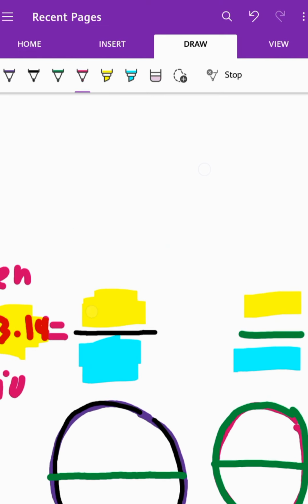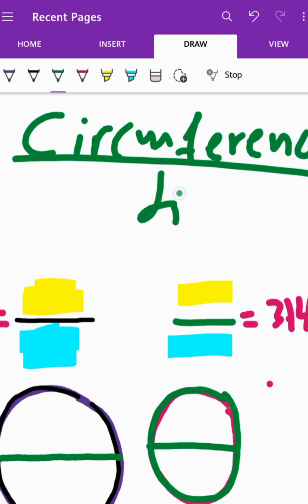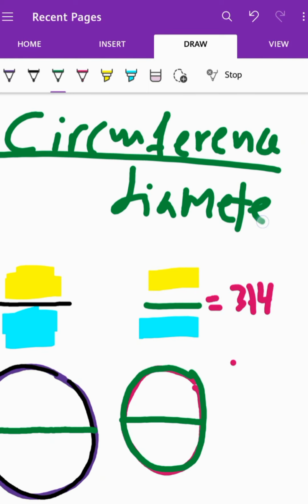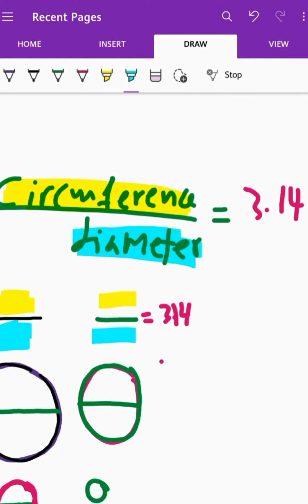Circumference divided by diameter, all the time gives you 3.14. So the golden ratio is between circumference and diameter.